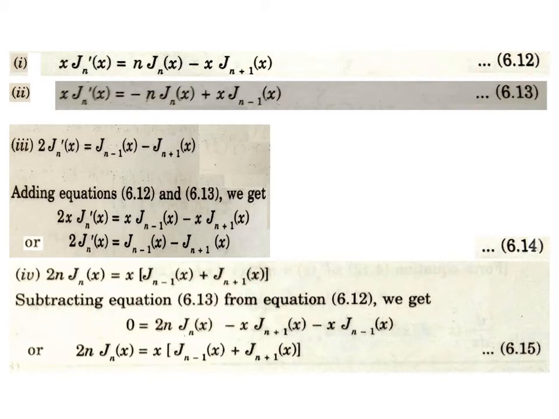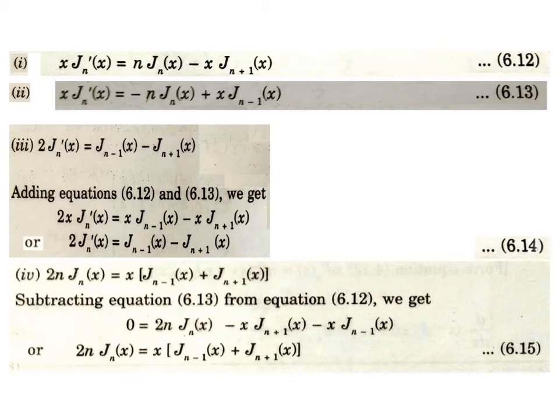So if in any examination you are asked to derive the third recurrence relation, what will you do? You will derive the first and second recurrence relations before proceeding further. That means after deriving the first and second, you simply add them and you will get the third one.